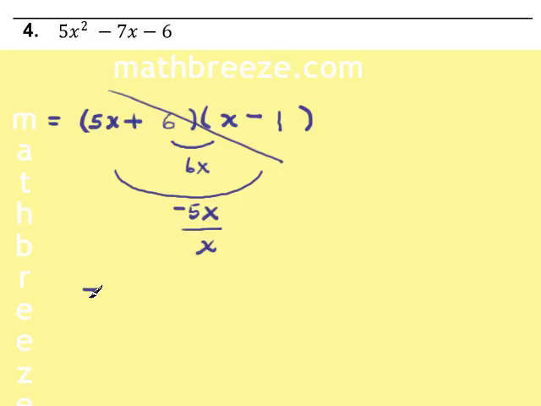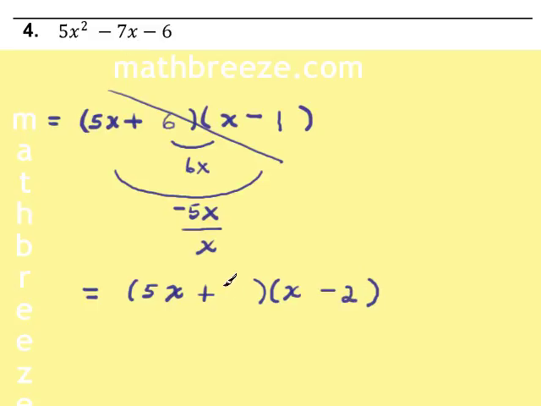And we're going to go with 3 times 2 or 2 times 3. And again, we want to get that minus 7 in the middle.